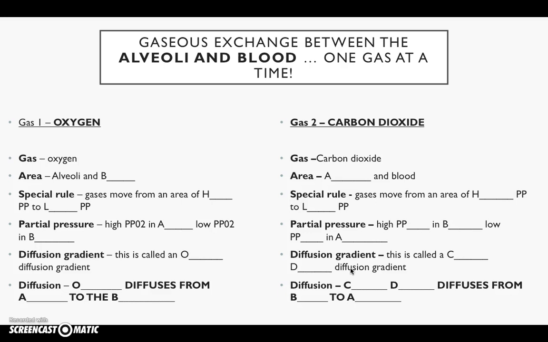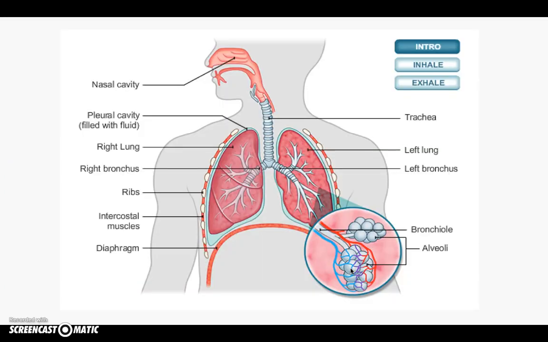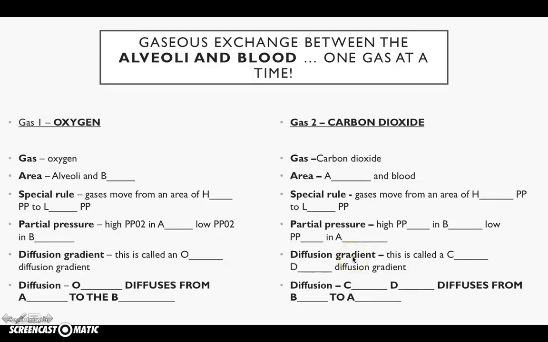The alveoli is in the lungs, and the blood vessels, capillaries, are around the alveoli. So all we are interested in is the gaseous exchange at this point between the alveoli and the blood. What I want you to do is fill in the blanks here and then we'll go through it together. So can you pause now and give that a go?